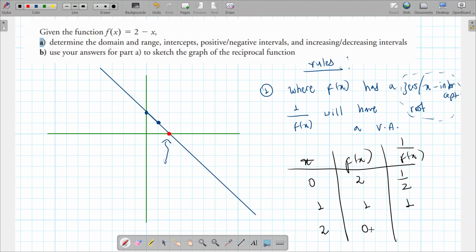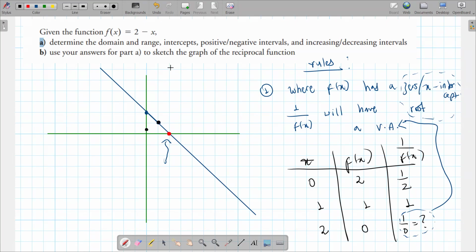Now, but check this out. When we go to do 1 over 0, we get indeterminate. So that's where the vertical asymptote comes from, because we're trying to divide by a 0, okay? So from here, it's very simple. All we're going to do is flip all the points. So the 2 becomes 0.5. The 1 stays 1.